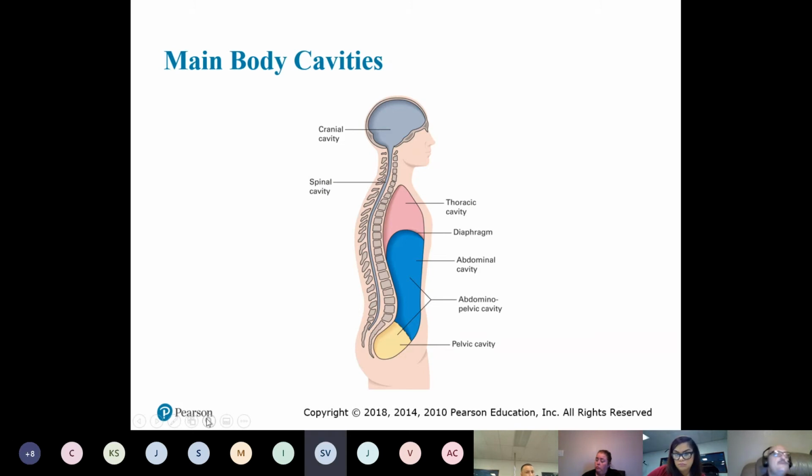Okay, so as far as the abdominal cavity, the reason we need to go over it is because there's a lot of stuff inside the abdominal cavity. And when you say the patient has abdominal pain, what are you thinking about? What's the problem besides having abdominal pain?